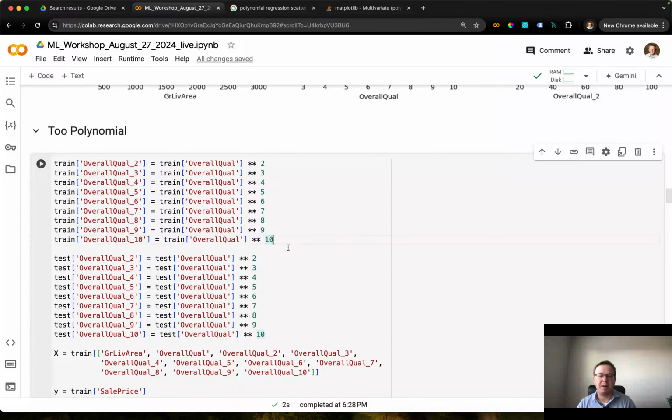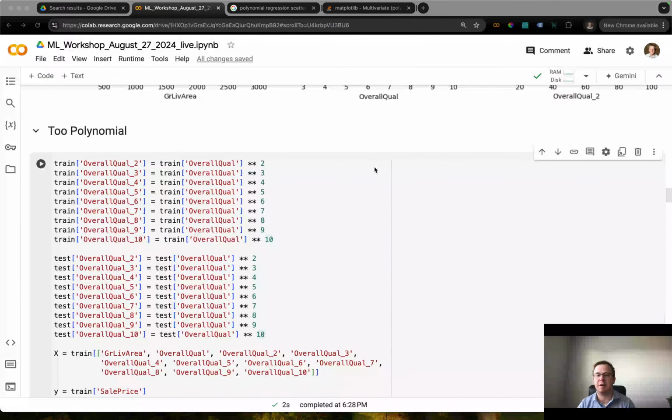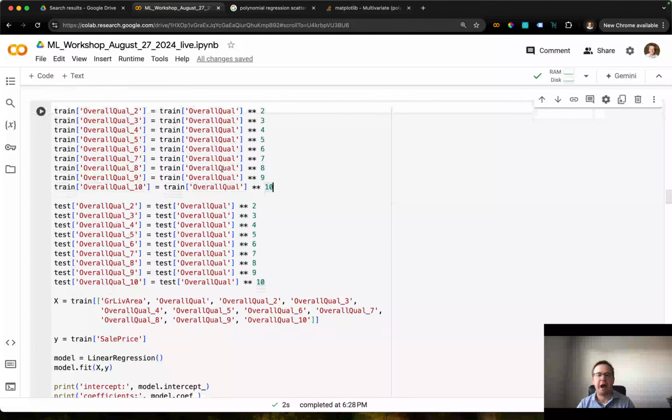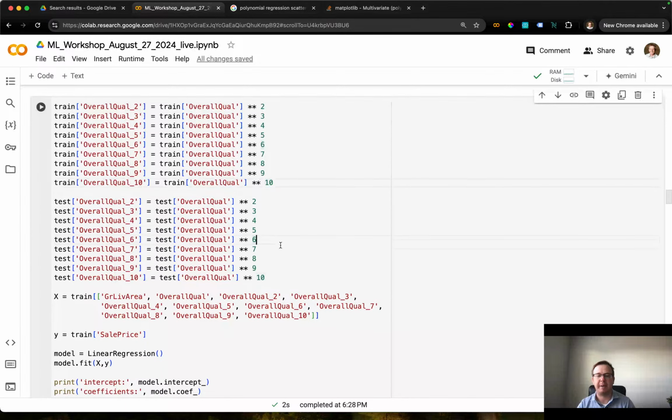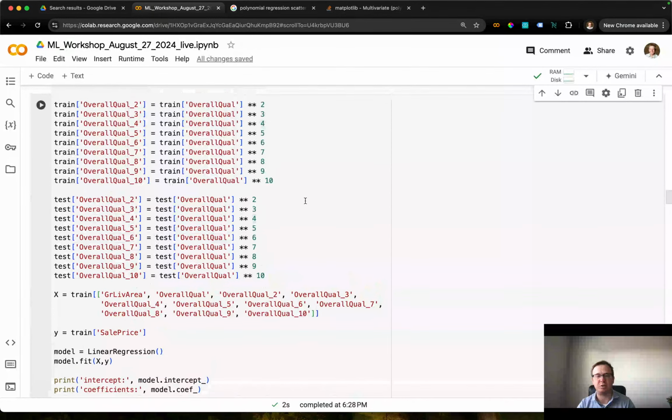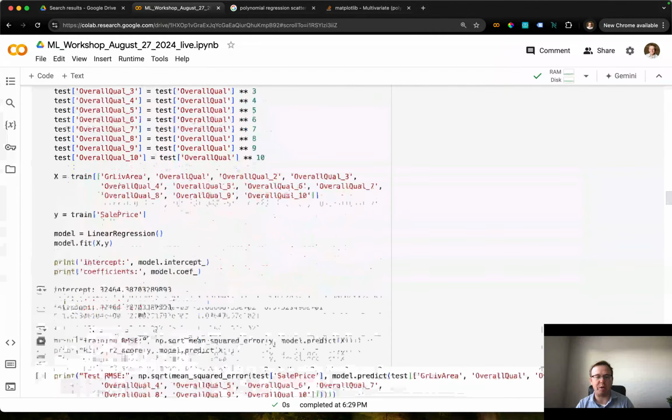And because I'm doing this a little bit willy-nilly, and this isn't even all that terrible, my model's going to start to fit to some of the noise in the data more than the overall patterns of the data. I'm going to do this to both train and test because I still want to see what my test root mean squared error is, to see if that overfitting is getting worse.